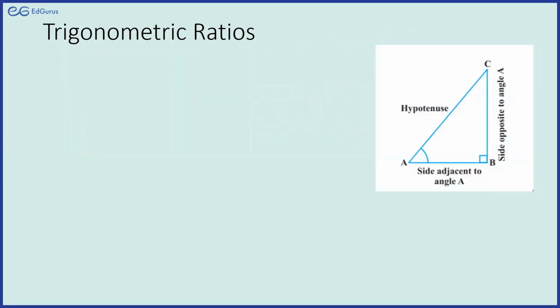All right, so more ratios. Now, again, we have this right angle triangle ABC, and we are looking at trigonometric ratios for angle A. So we can define some more ratios. There is cosec A, which is cosecant of A. It is 1 upon sin A. So sin A we studied.